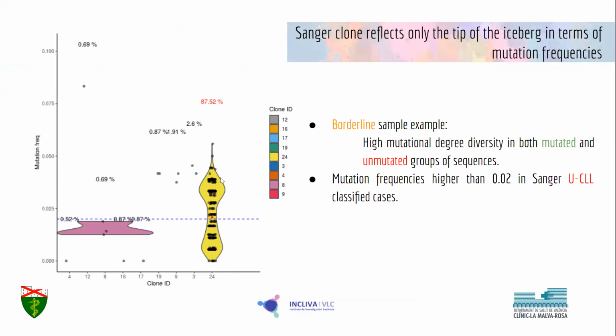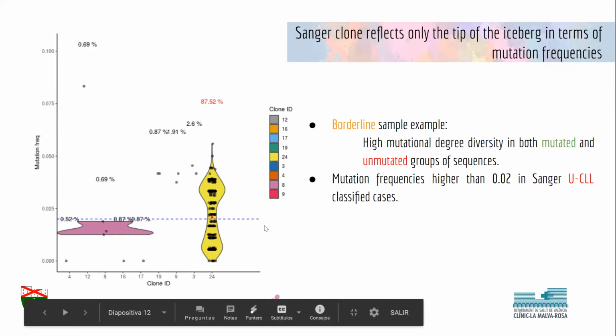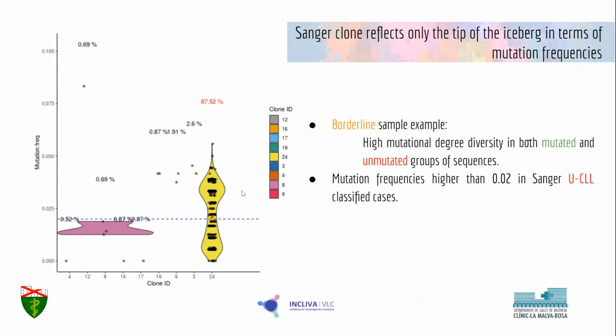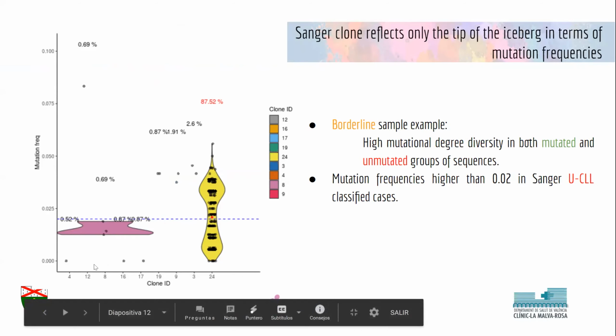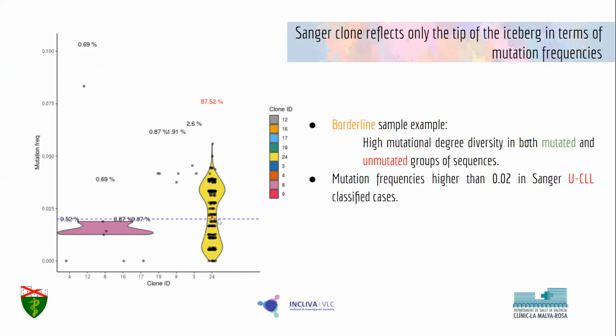And just to show a result that is really promising, if we look at this kind of representation for each sample, in which we have the different clones from less represented to more represented, in this case we have a borderline sample. As we can see, this red dot here is the Sanger sequence, and it's a borderline case because it has a mutational frequency that is at the limit between the mutated and unmutated group, which is defined by this blue line here.